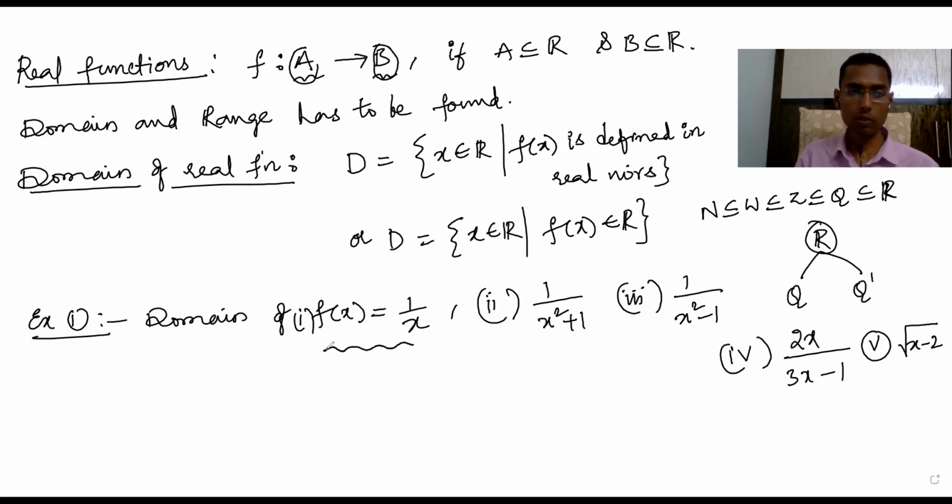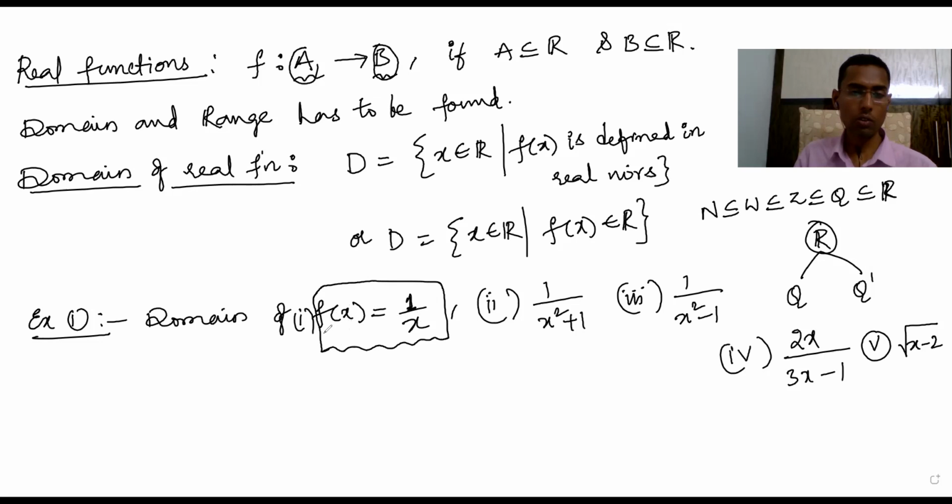See, this means real function. Why is it given? The meaning of real function itself is that if f of x equal to 1 by x is given, then we should understand 1 by x is a function, and we should understand this is a real function for which the domain is what? The domain is all real numbers for which this function is defined. F of x is defined means what?